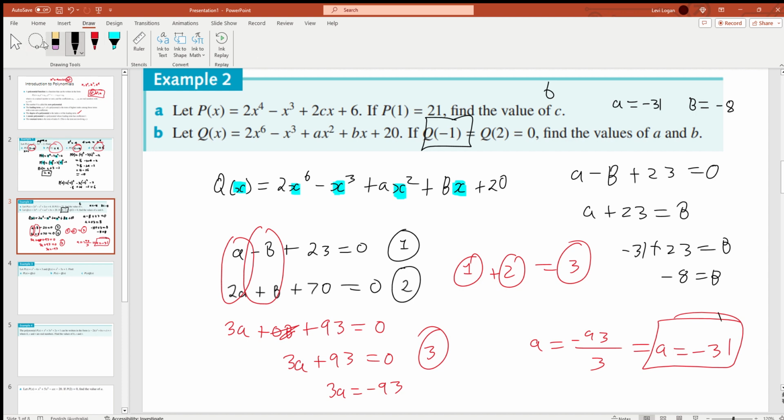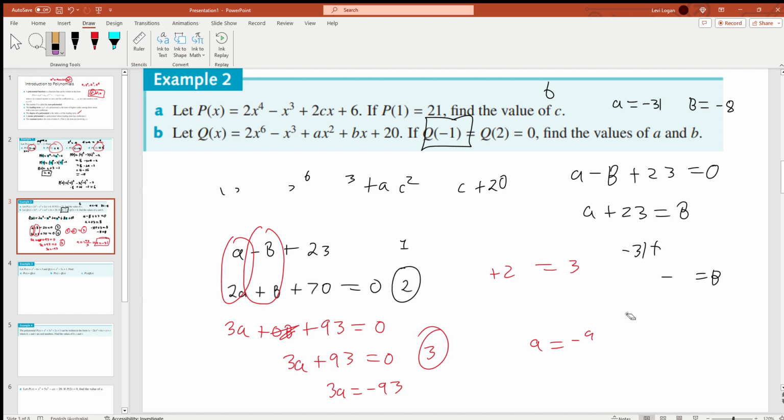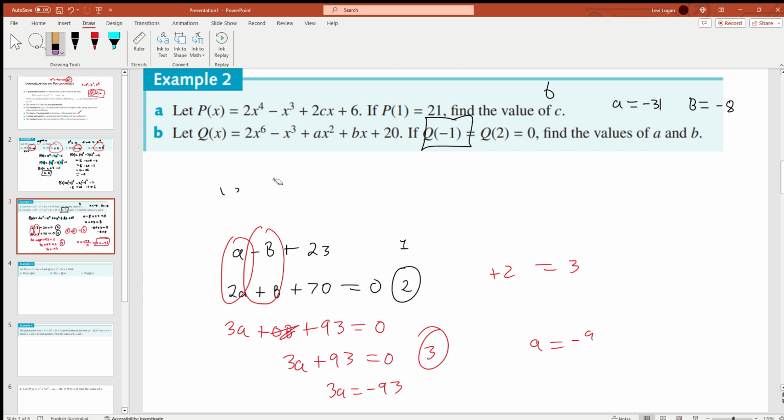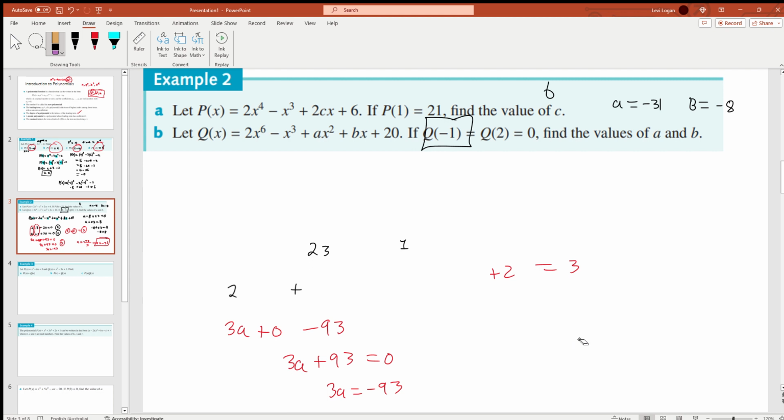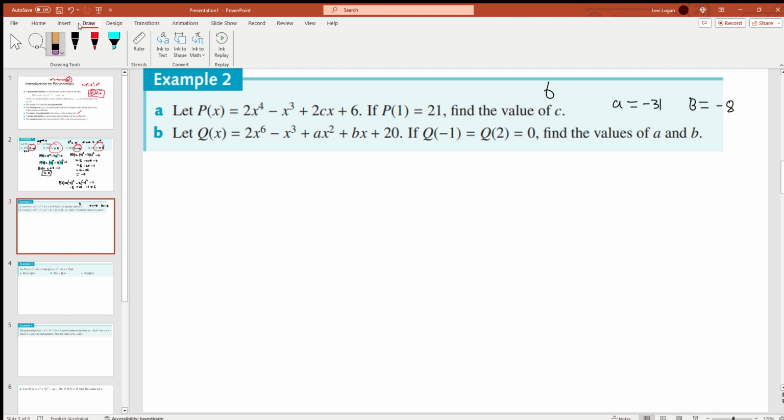Now we can double check that with our initial conditions. So I've rubbed this stuff out. So our polynomial, we can see we've got a and b here.